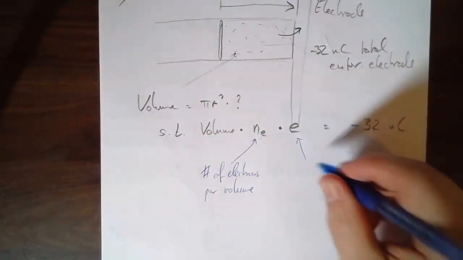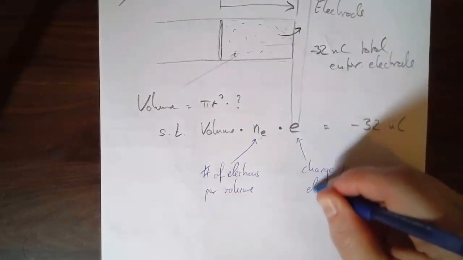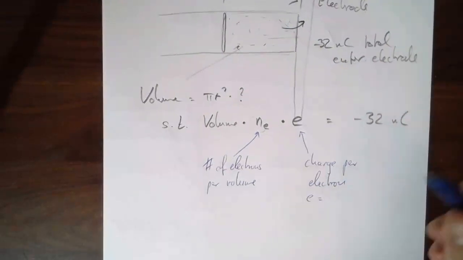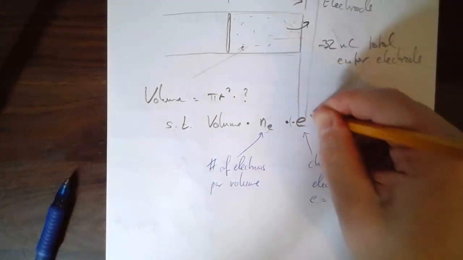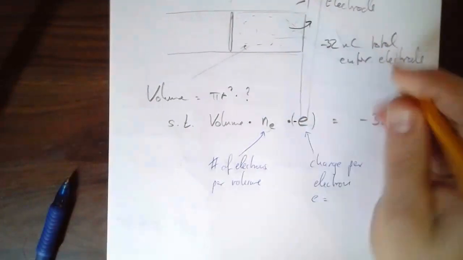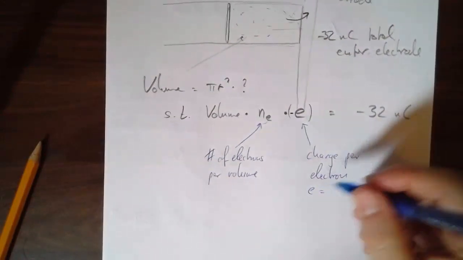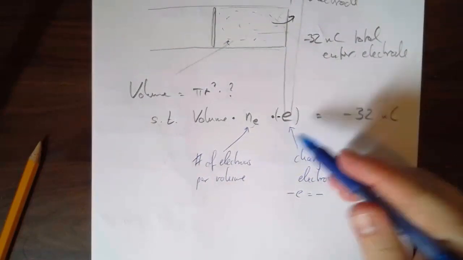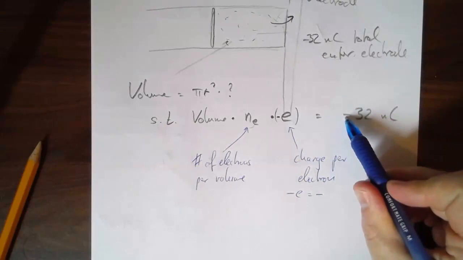Then I'm going to multiply this by the charge per electron. That's just a fixed value. I should be a bit more careful here. The electron charge is minus e. Confusingly, just e is 1.6 times 10 to the minus 19, which is a proton charge. Electron has a charge minus e, and I'm going to need that for the minus sign over here.